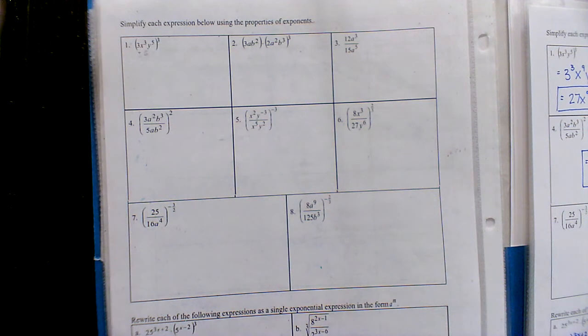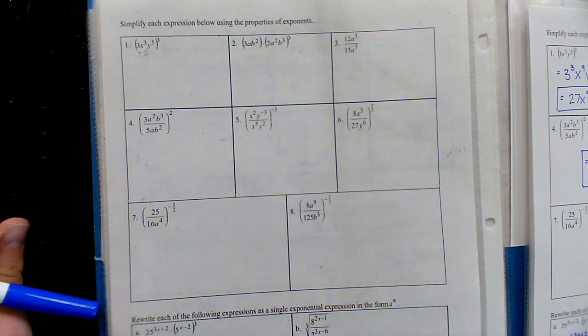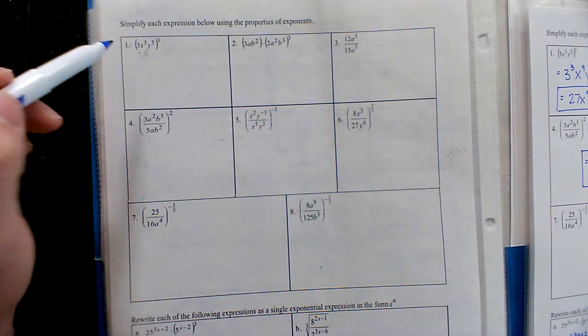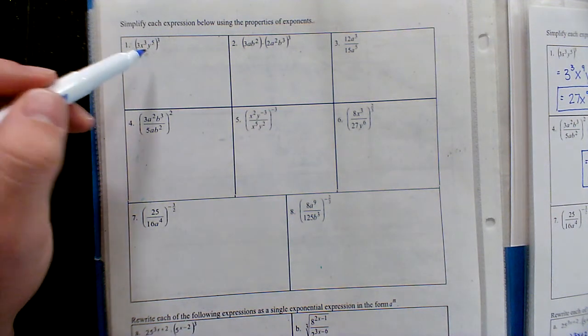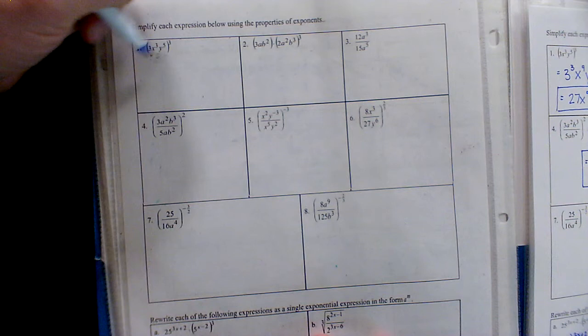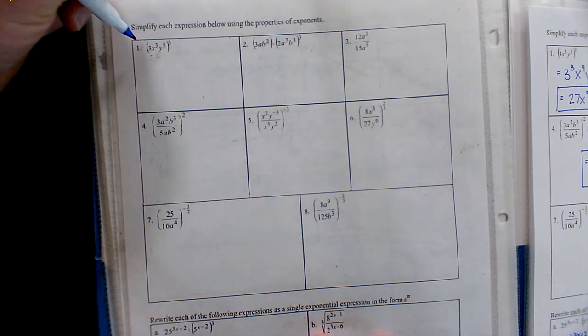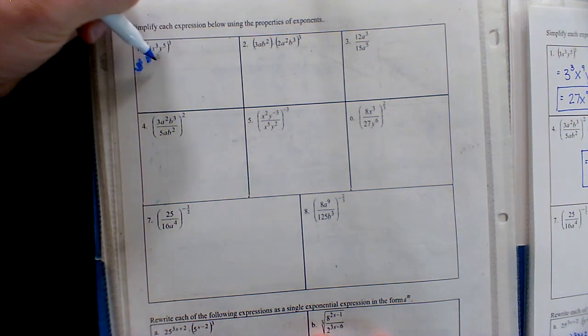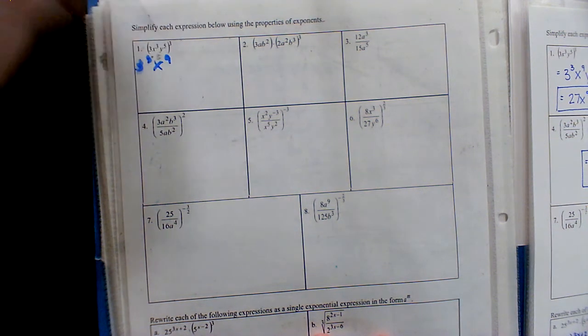So it says simplify each expression below using the properties of exponents. So as you notice, in a lot of them we have an x and a y, or an a and a b, but we're going to use all the rules that we've used from the first page. So again, just simplify. So this one here, we have powers to a power. So we have 3 to the 3rd power. We have x cubed to the 3rd power, which is x to the 9th.